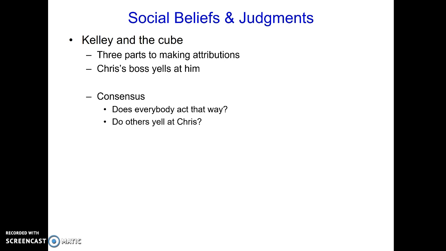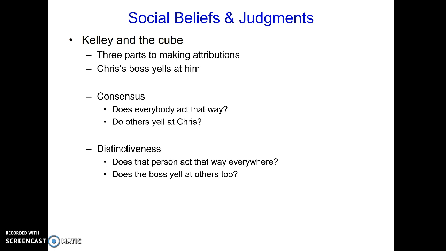All right. The second variable is distinctiveness. And that asks the question, does that person, Kathy Kane, act that way everywhere? So low or high. If it's low, that means it is not specific to Chris.